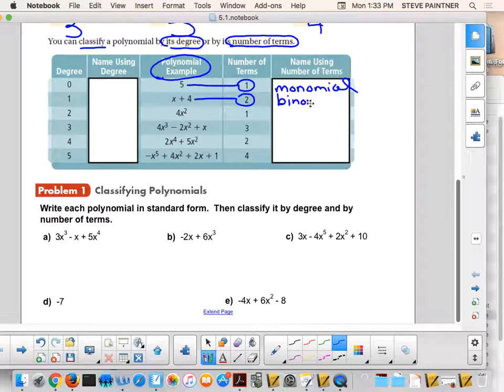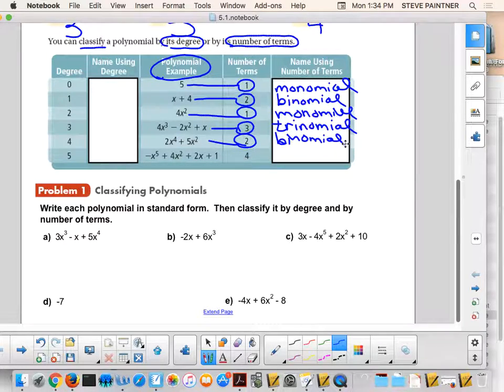Binomial, followed by another 1-termer. Say it. Monomial. And then all of a sudden it's a long one, 3 terms. Trinomial, okay, followed by a shorter one, 2 terms. Binomial.